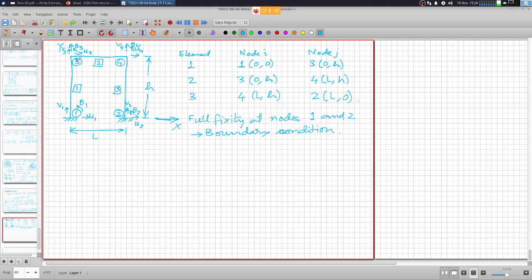Now that leaves two nodes, node 3 and node 4, and at each node we have 3 degrees of freedom. So a total of 6 degrees of freedom for two free nodes.